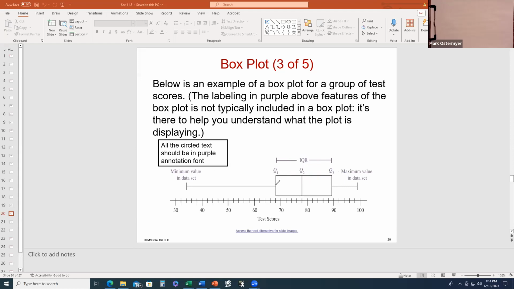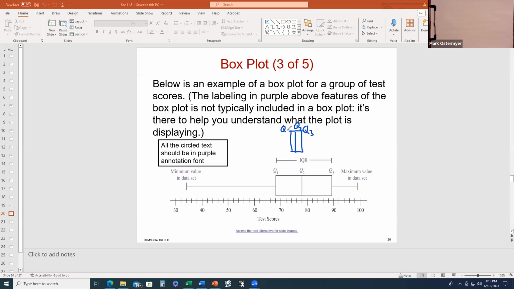Furthermore, since the box is rather long between Q1 and Q3, we can see that there's a fair amount of variability with these test scores. Okay. If, ladies and gentlemen, we had a box plot that looked like this, this box is very, very short.